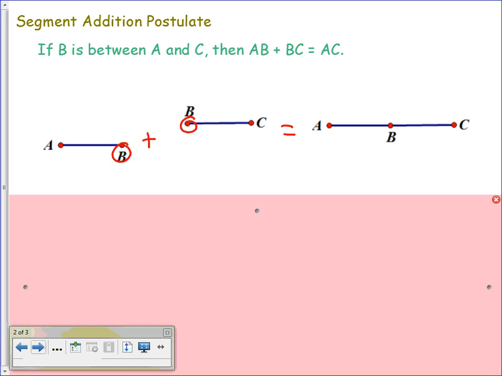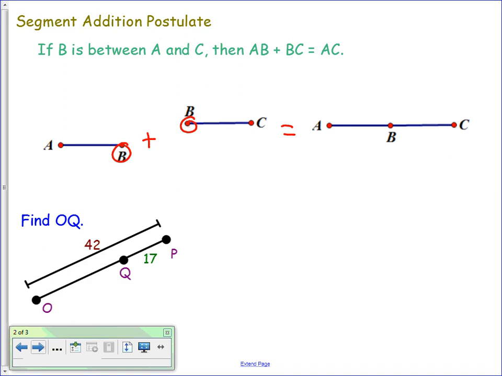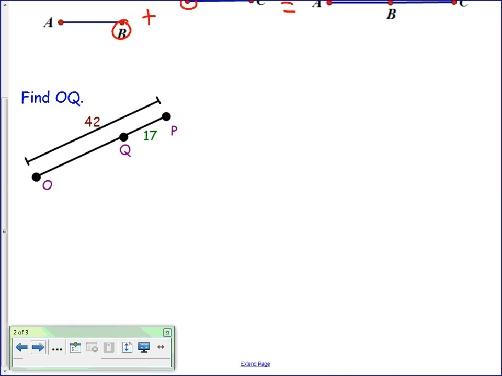And you've done things like this already. So a nice easy problem like this is to find OQ. So an example of how you could set this up would be to say that OQ plus QP equals OP.